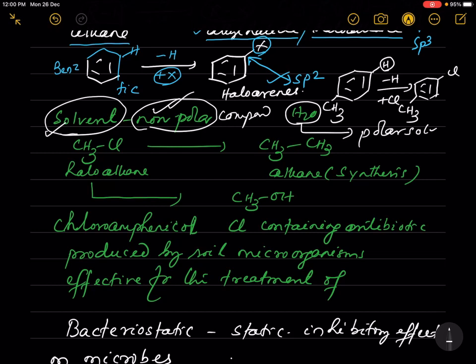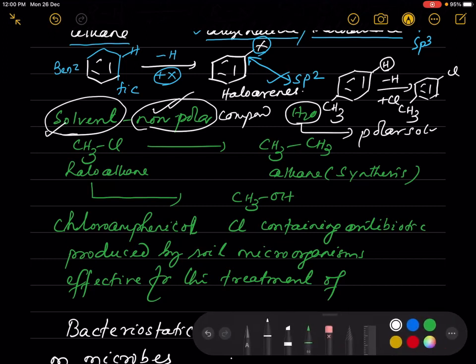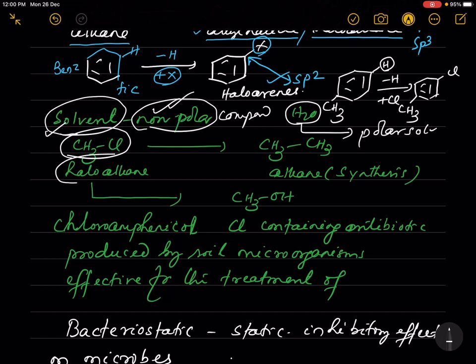And a starting material for the synthesis of a wide range of organic compounds. This haloalkane can be used as a starting material for the synthesis of a large number of organic compounds. You see this is methyl chloride, a haloalkane, chloromethane. From chloromethane, you can prepare ethane by the help of Wurtz reaction, that you know very well.